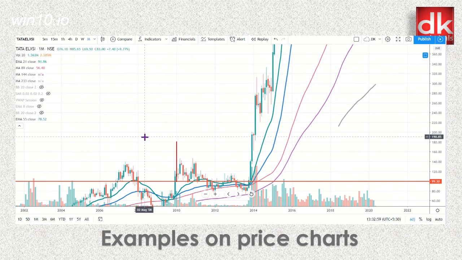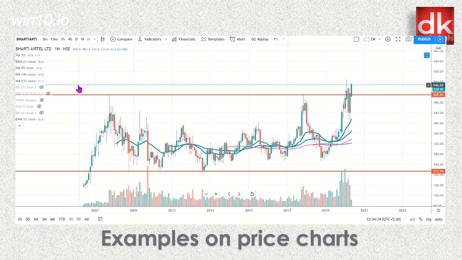Now let us go ahead and discuss one formation which has just taken place in the Indian market. This is the price chart of Bharti Airtel in monthly time frame. What we can see, the price from a very high of 513.05 which it made in October 2007 had fallen to a very low level in October 2008, to the level of 200.